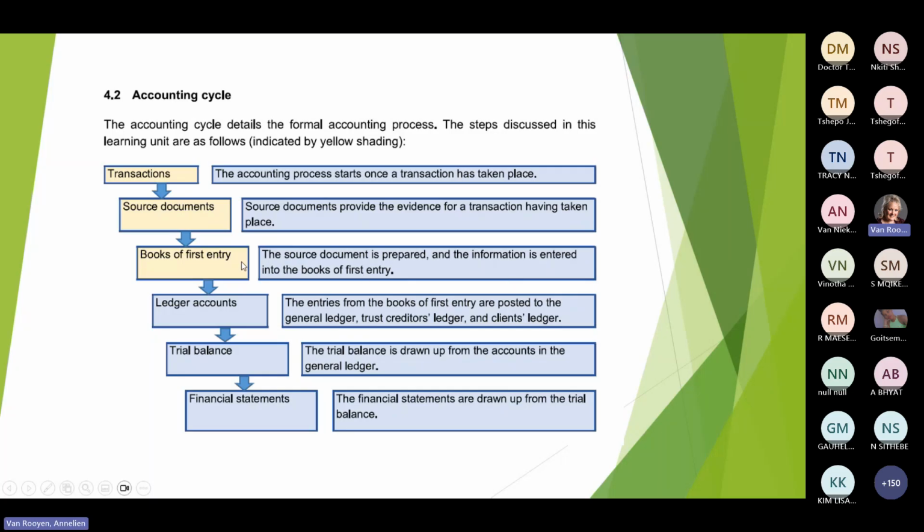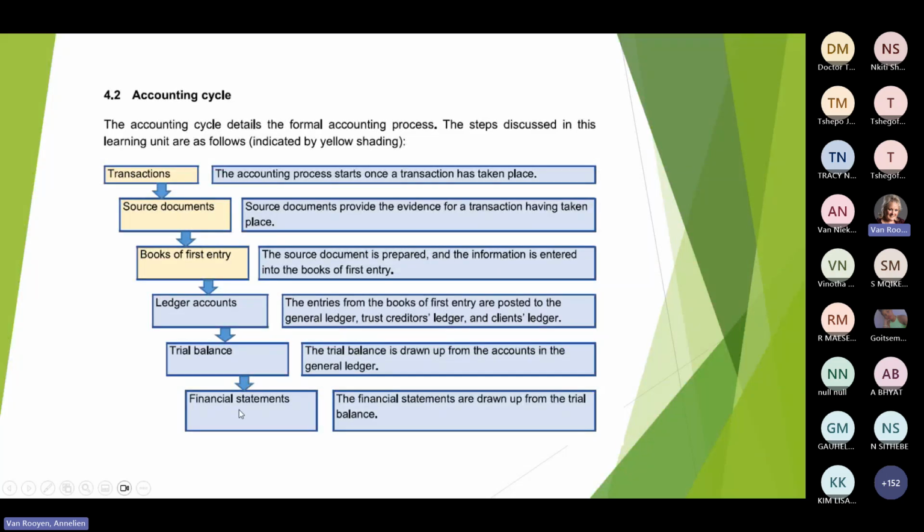After the books of first entry, we'll then go to the ledger accounts, and I think that will be discussed next week. From the ledger accounts, we can draw up a trial balance to see what the debits and credits are, if everything balances, and we can determine the profit or the loss.